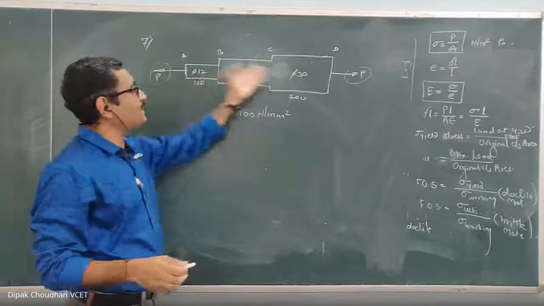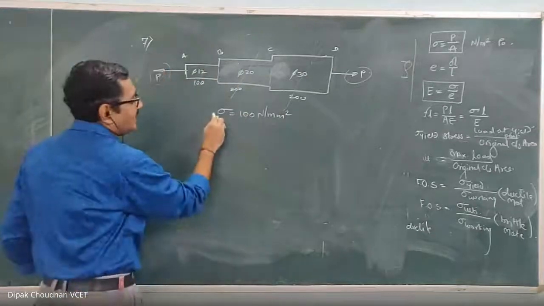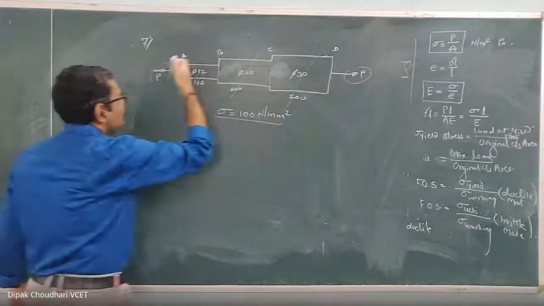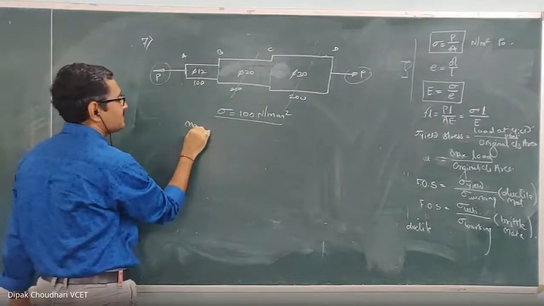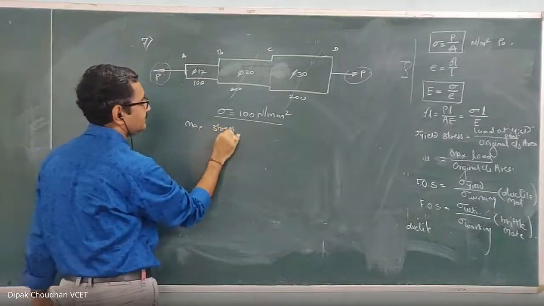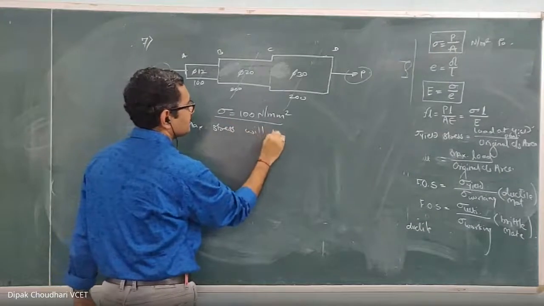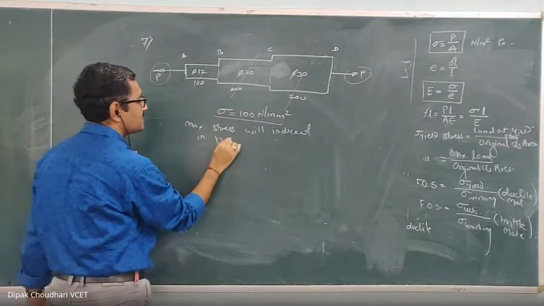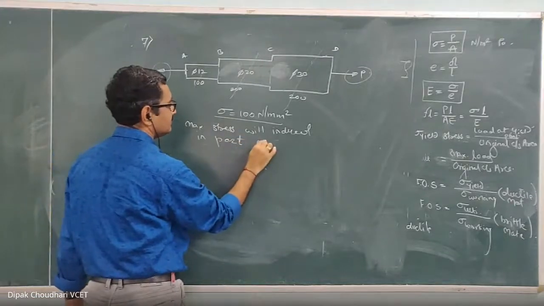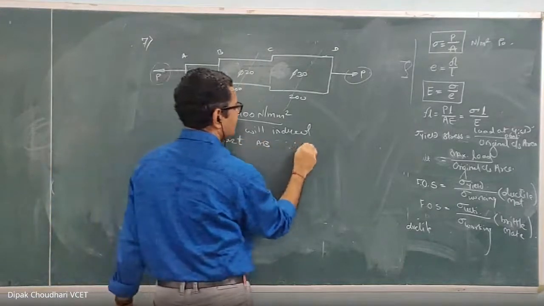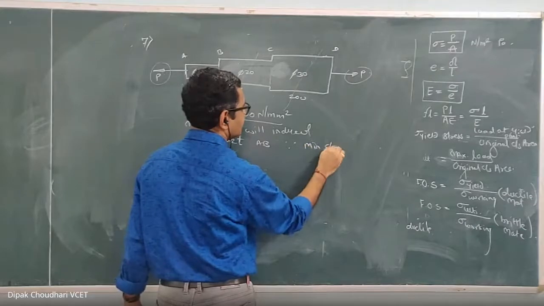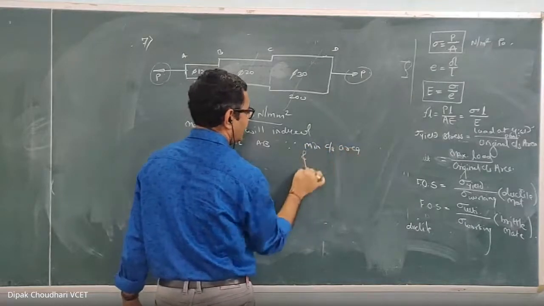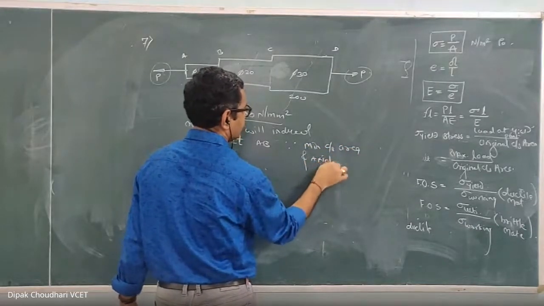Corresponding to this maximum, find out the maximum force P. So we know that when the axial force is the same, the maximum stress will be induced in part AB since it has the minimum cross-sectional area and the axial force is the same.